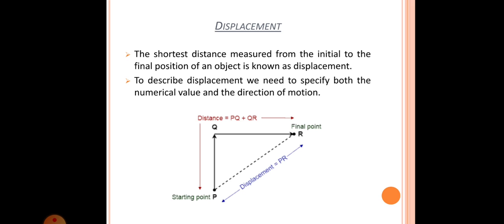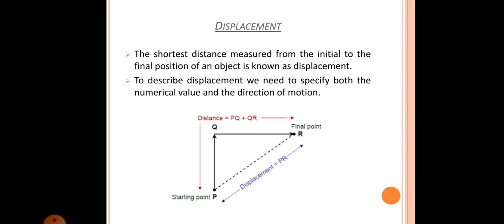In this picture you can see an object starting from point P, then it reaches point Q, and from Q it moves to point R. If it is asked what is the distance, then we will say that the distance will be PQ plus QR.